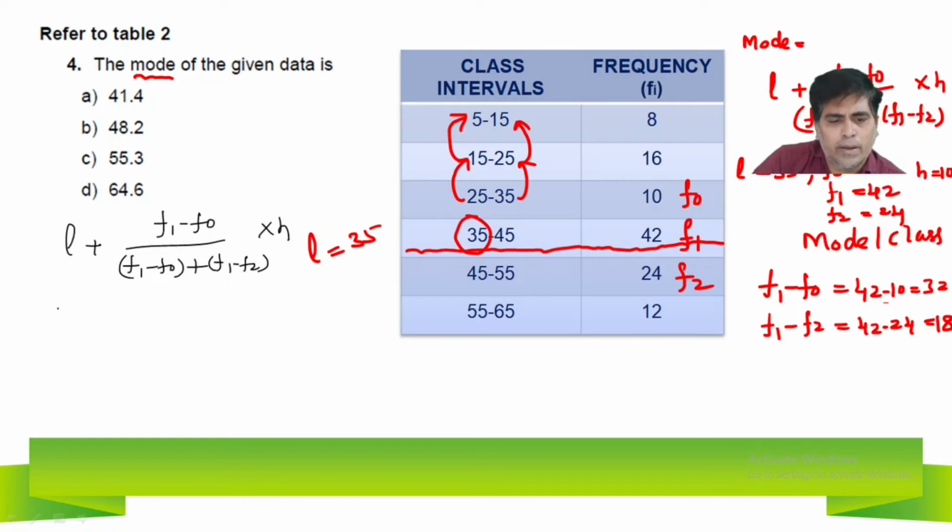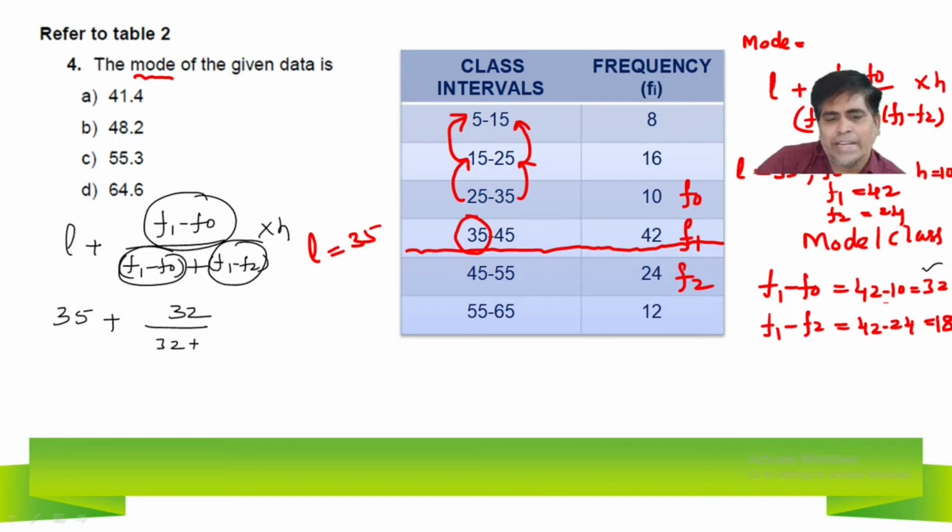L value is 35 plus 32 by (32 plus 18) into 10. We have to simplify this. 35 plus 32 by 50 into 10.